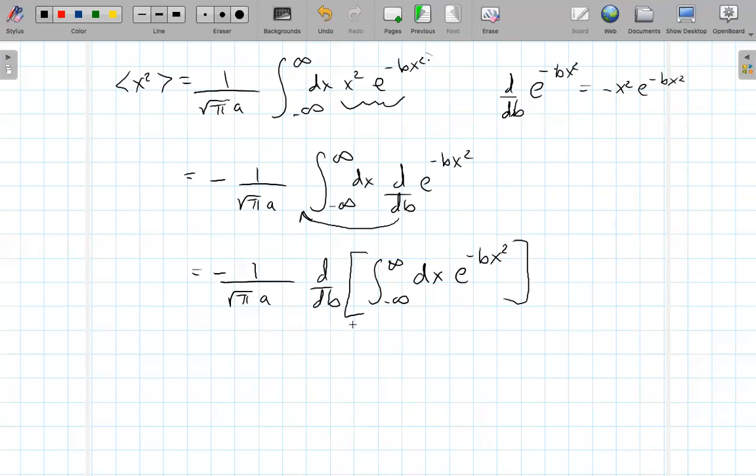Doing okay? But this integral here is simply our Gaussian integral, which depends on b. So this is the same thing as 1 over the square root of pi with my negative sign, can't forget my negative sign, times a times the derivative with respect to b of the value of the Gaussian integral, which depends on b.